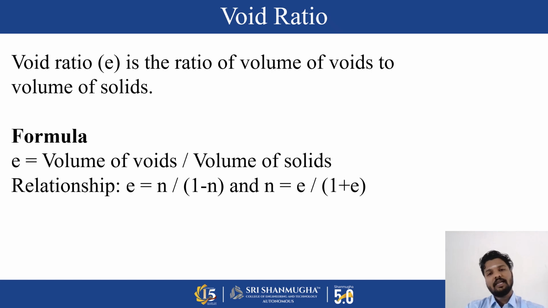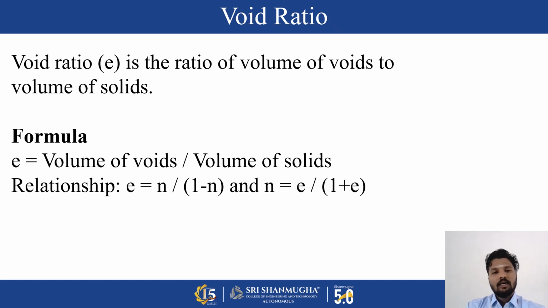Void ratio is the ratio of volume of voids to volume of solids. The volume of voids means pore spaces and the volume of solids means soil particles. The formula is e equals volume of voids divided by volume of solids.